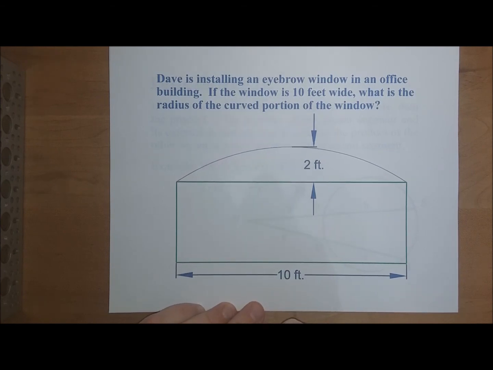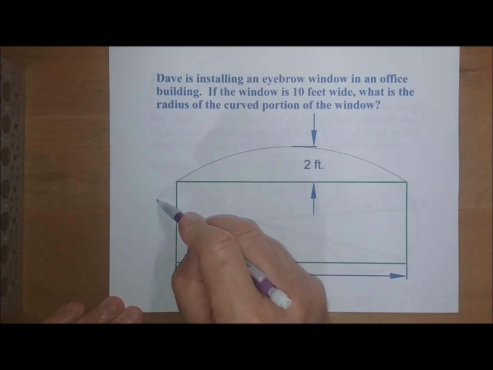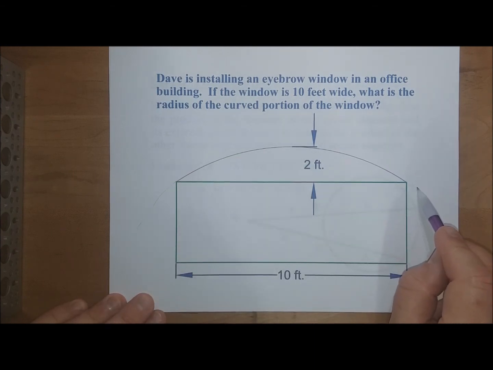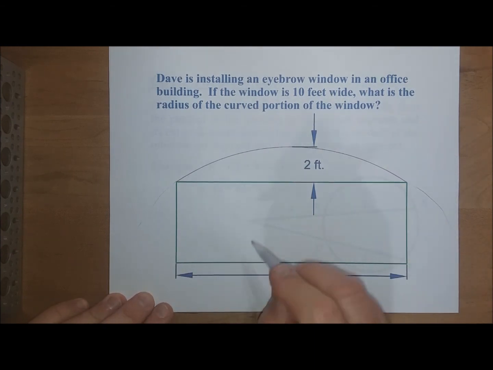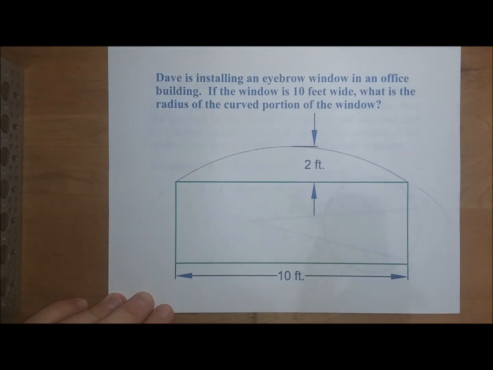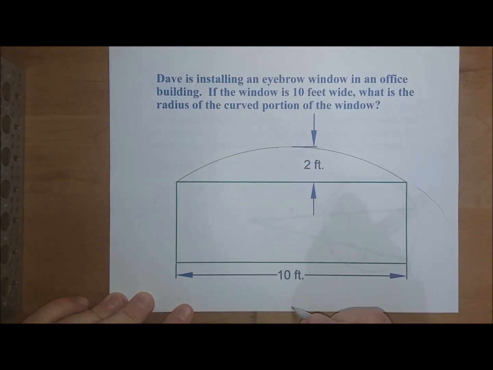Okay, so how are we going to be able to figure out this radius? Like, where is even the circle, right? Well, you can picture it continuing on, and it has some radius. Wherever the center is, it's got some radius to it. So how could we figure this out?